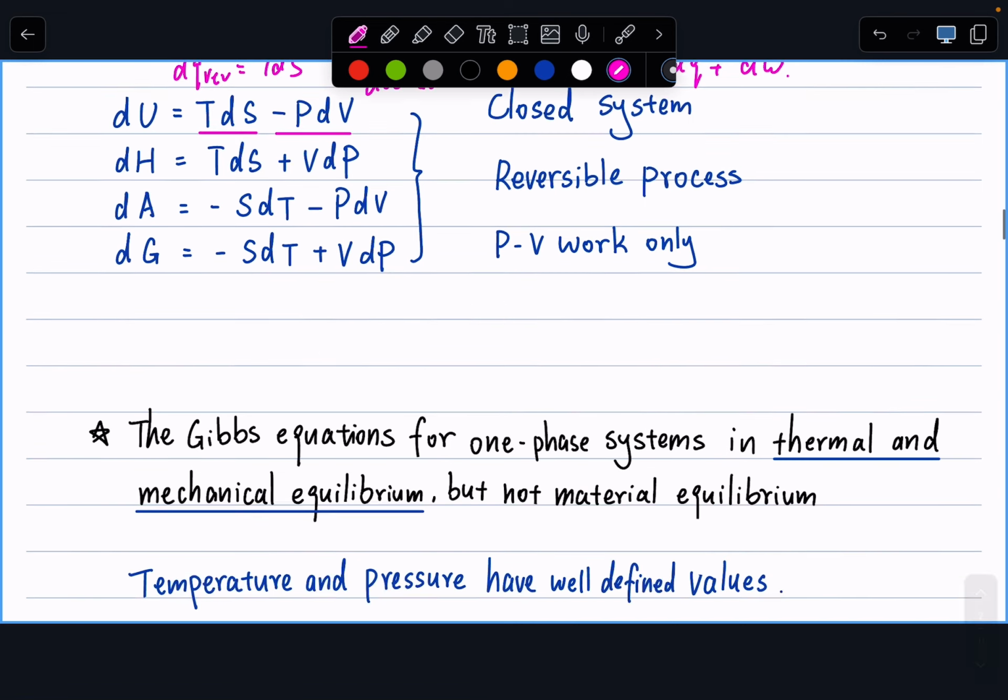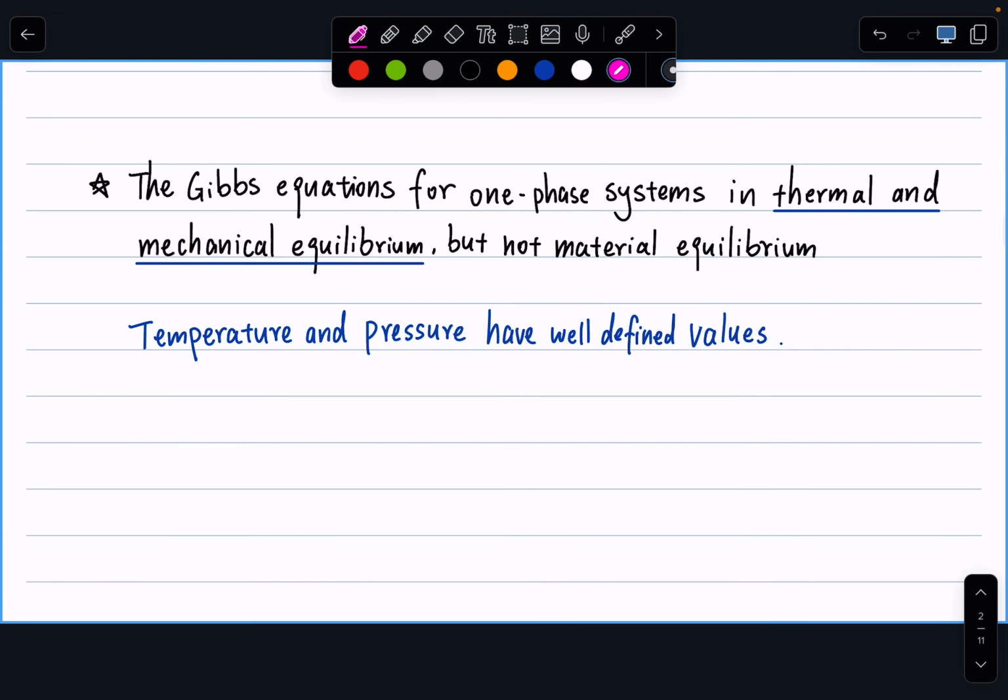Getting started, now we want to similarly discuss the Gibbs equation. Just to keep our life simple, let's consider a one-phase system. One phase meaning it's either all solid, all liquid, or all gas. Only one phase. And you have different chemicals or different substances that are in thermal and mechanical equilibrium.